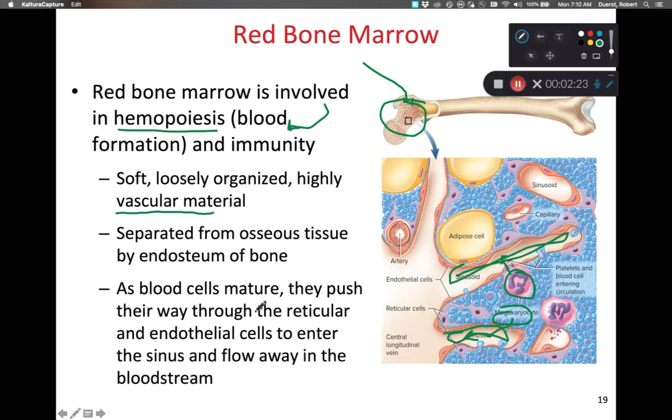And it's going to be separated from the trabeculae of the spongy bone by the endosteum of the bone tissue. As these cell types, the white blood cells, the leukocytes, the erythrocytes, and the thrombocytes, are pushed into these sinuses, eventually they'll work their way back into the circulatory system and get carried around within our bloodstreams.